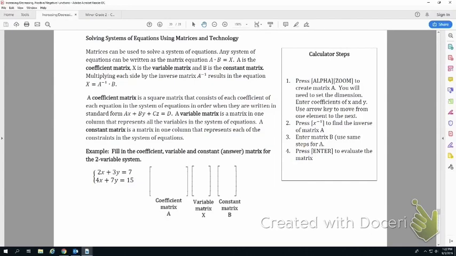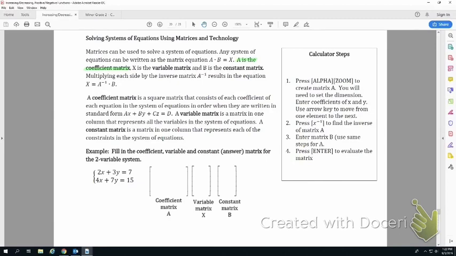So it says matrices can be used to solve systems of equations. Any system of equations can be written as the matrix equation A times X equals B. A is the coefficient matrix, and I'll expand on that in the next paragraph.